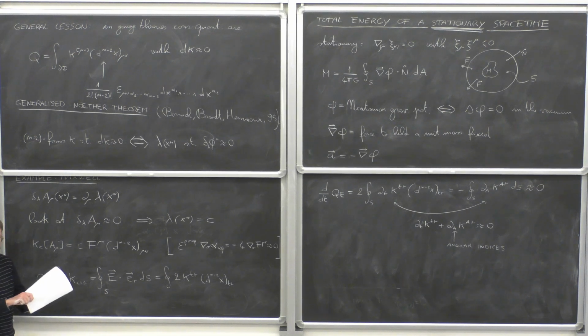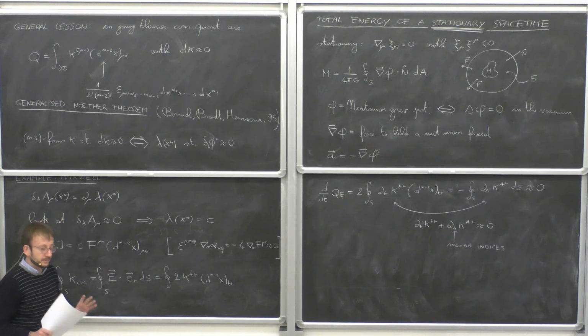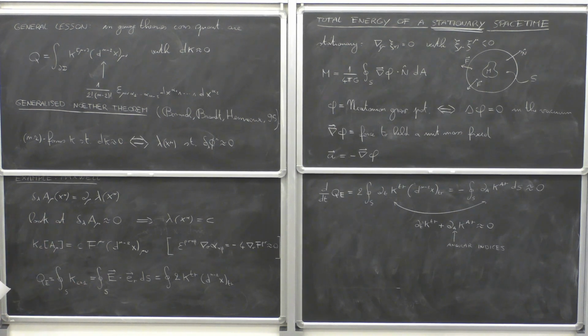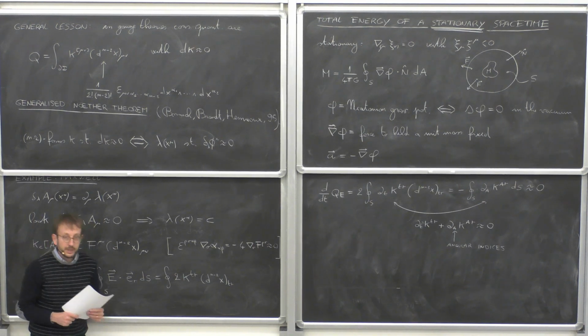So you decide what your configuration space is, and then you look for symmetries that preserve this configuration space asymptotically. And we will see that also the way of defining charges can become a little bit tricky in this particular context.